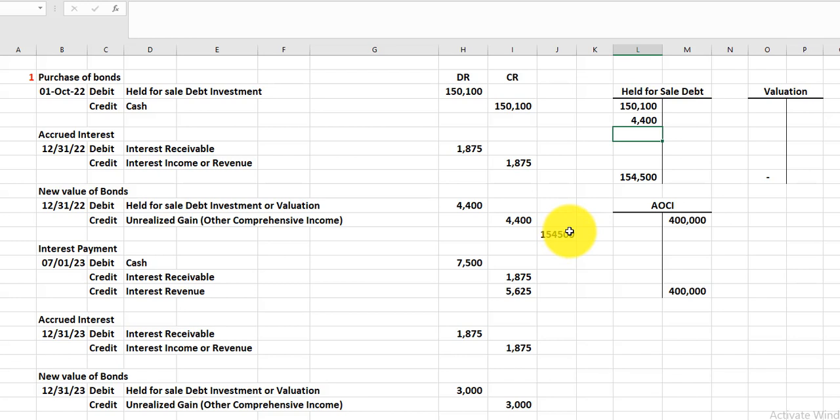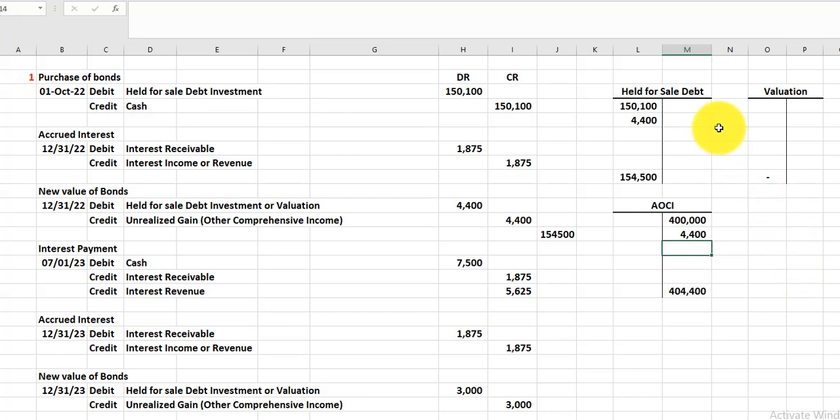That's an unrealized gain, which is part of other comprehensive income on the statement of comprehensive income, and ultimately ends up changing the accumulated other comprehensive income on the statement of equity. So your AOCI would be 400,000 plus the 4,400 at the end of 2022.